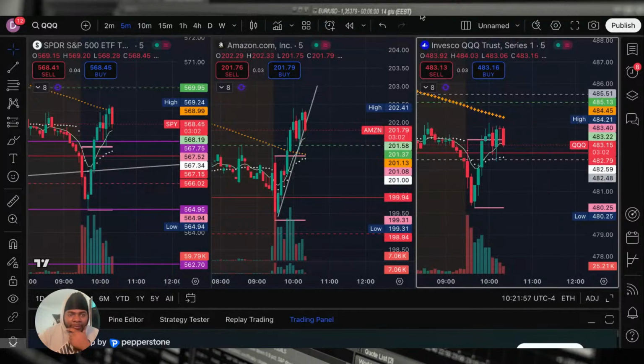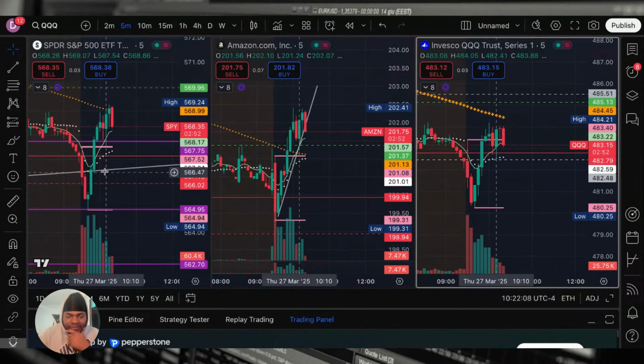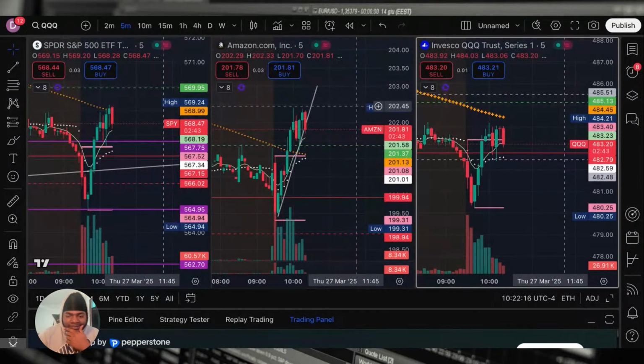Yeah, tricky day for the market, man. We ain't got no really trendy stocks like we had yesterday. Tricky day, but we got a little uptrend. Came down first, went up. Amazon is breaking the trend line.